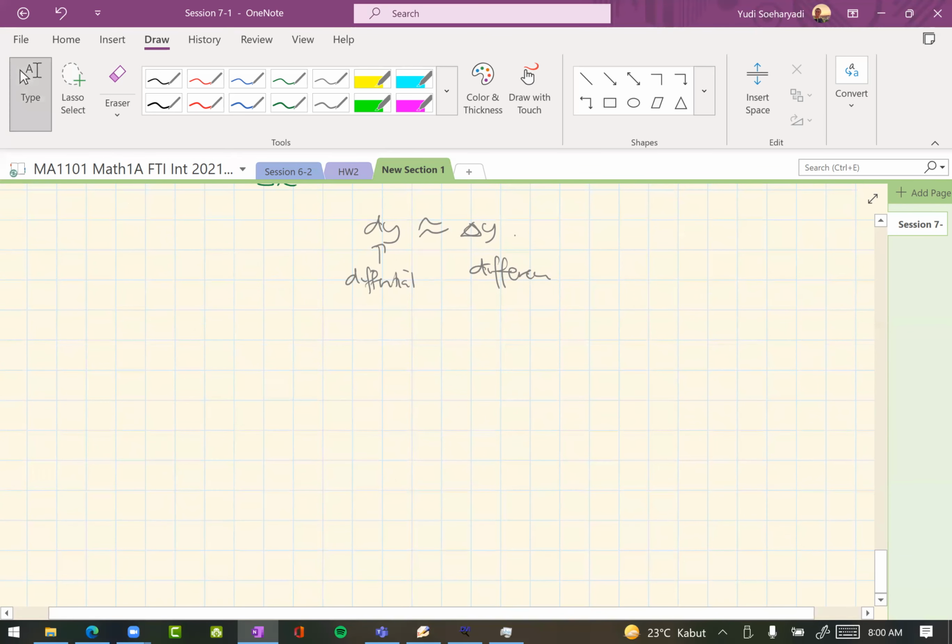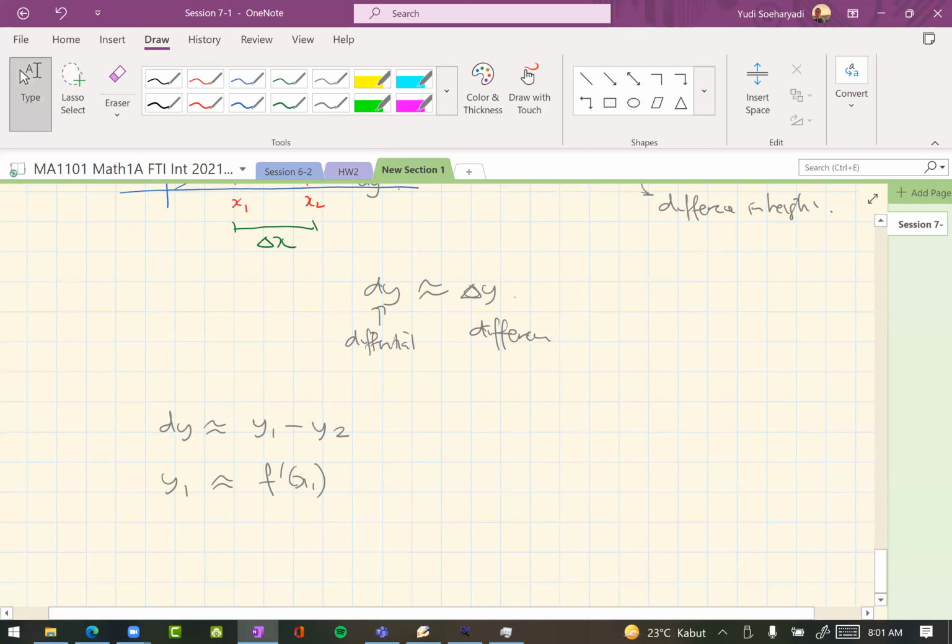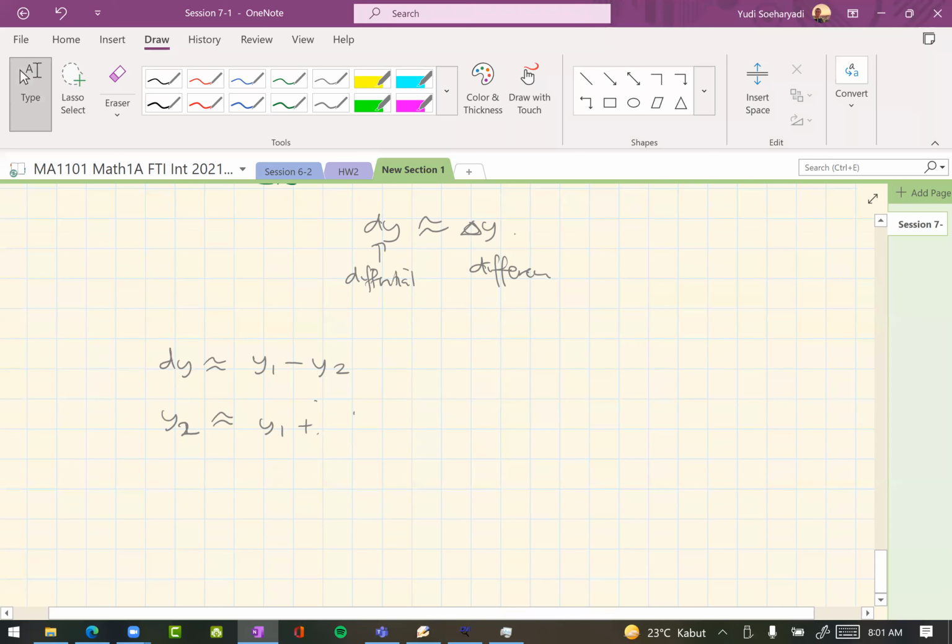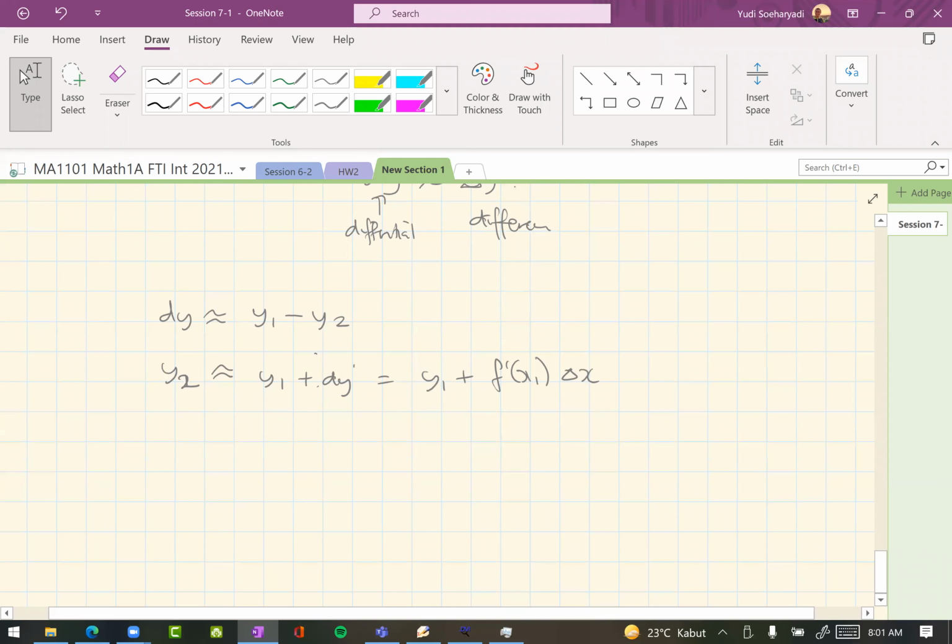What you find is that dy approximates delta y, so y2 can be approximated using y1 plus dy.